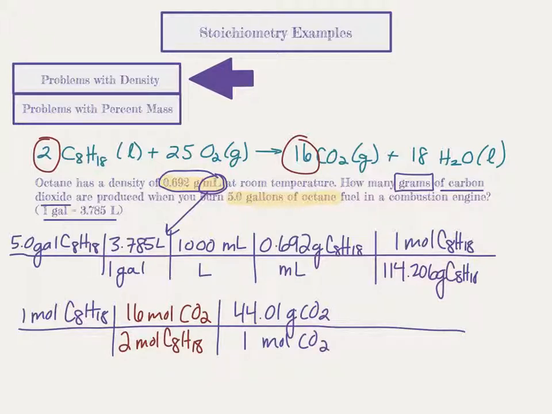Now is a great moment to hit that calculator. And we'll end up with some giant number of grams. I'm going to simplify down to 2 significant figures. We'll end up with 4.0 times 10 to the 4 grams of carbon dioxide.